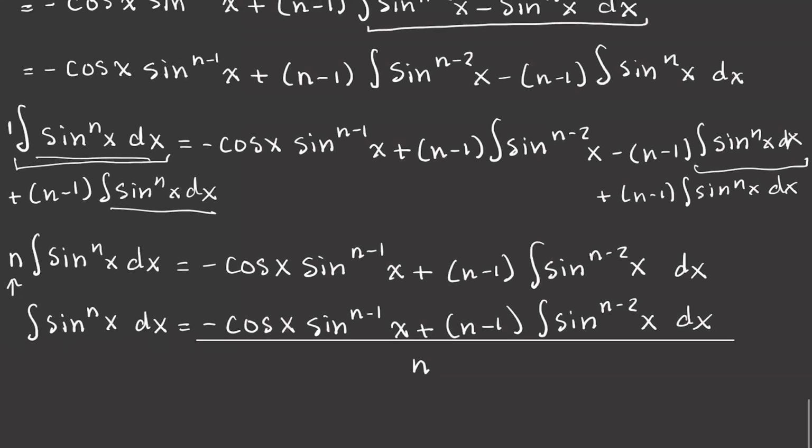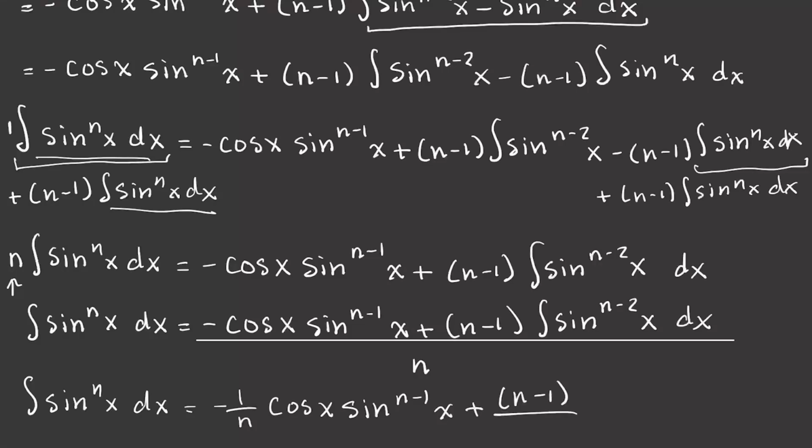This could be rewritten as the integral of sine n of x dx equals negative 1 over n cosine of x sine n minus 1 of x plus n minus 1 over n integral of sine n minus 2 of x dx, and I obtained the right-hand side of the equation.